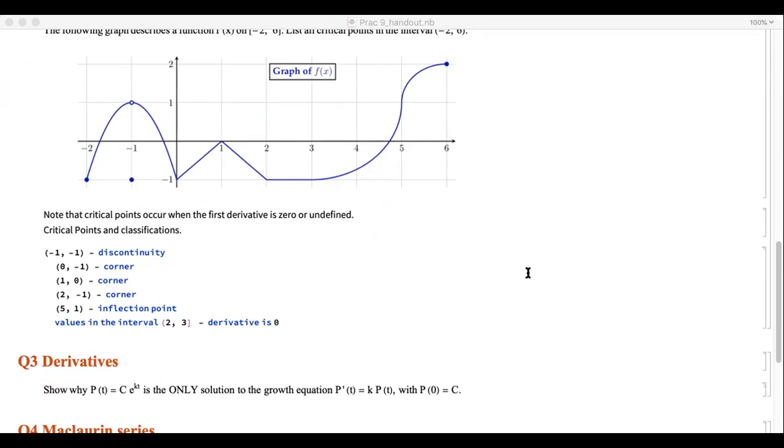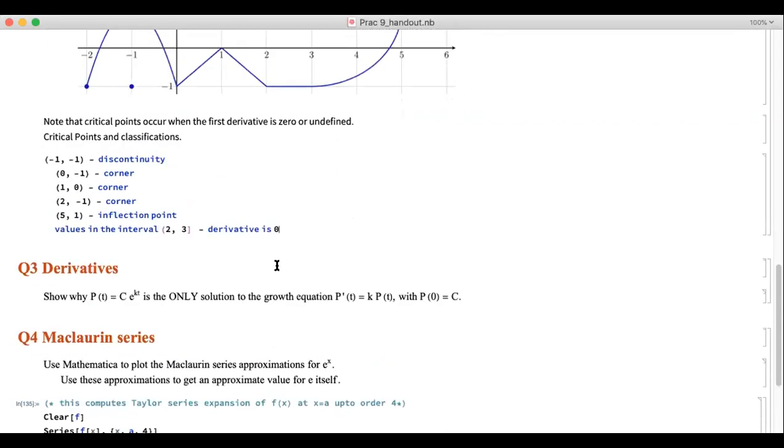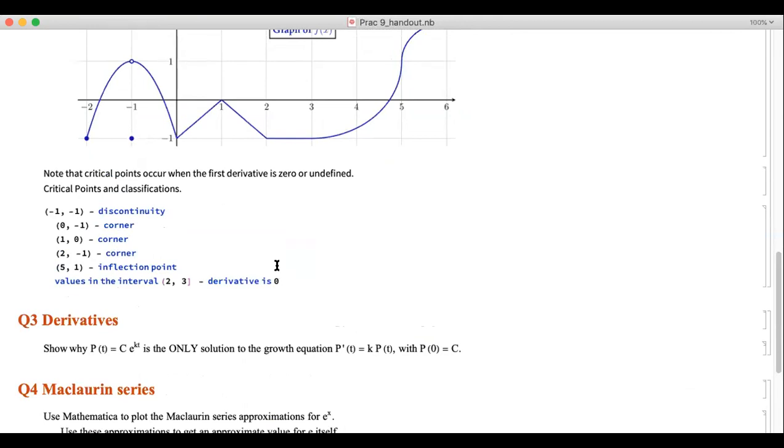That document shows these discontinuities, corners, and then whether the limit exists or not. Is there any question regarding that part?